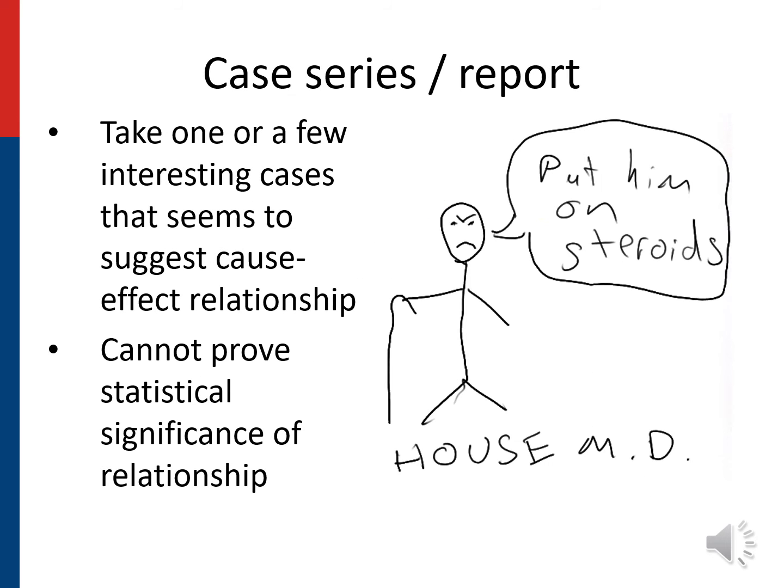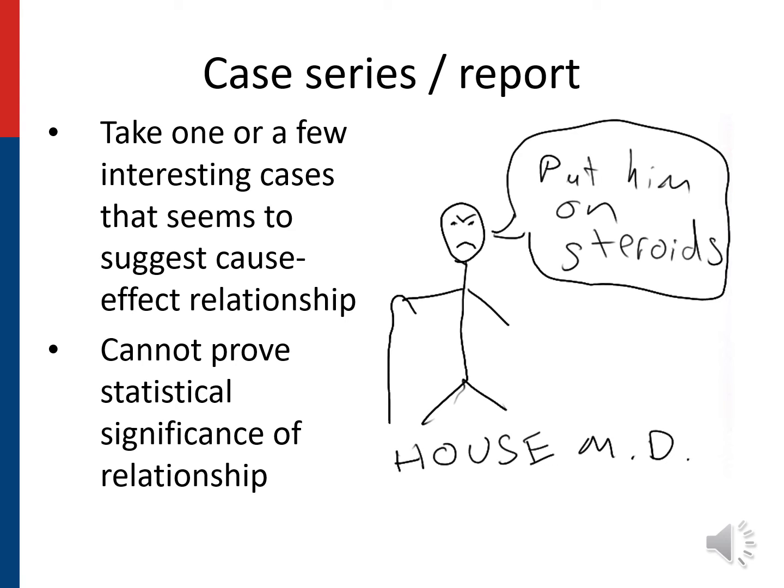So a case series or report is when you find a cluster of interesting cases that when you squint, you think maybe there's a relationship here, but there's certainly not enough cases to establish any sort of statistical power or even necessarily a cause and effect.